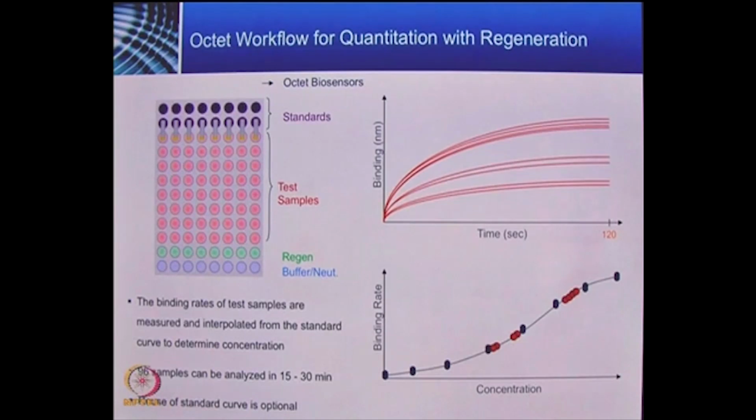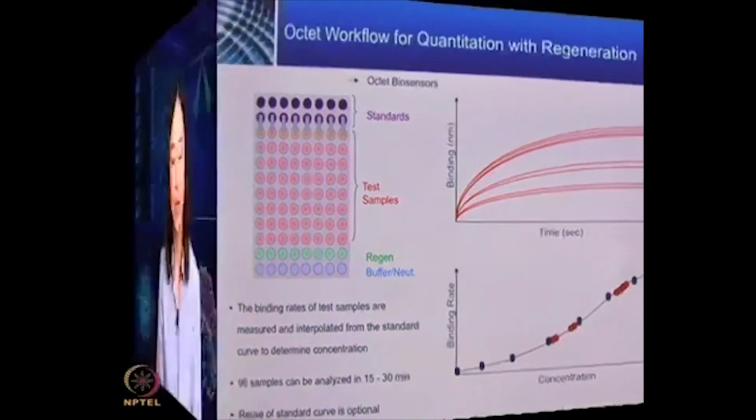One advantage of using BLI technology to analyze the concentration of molecules is that it is able to analyze multiple samples at the same time. It only takes about 15 to 30 minutes to finish analyzing 96 samples.